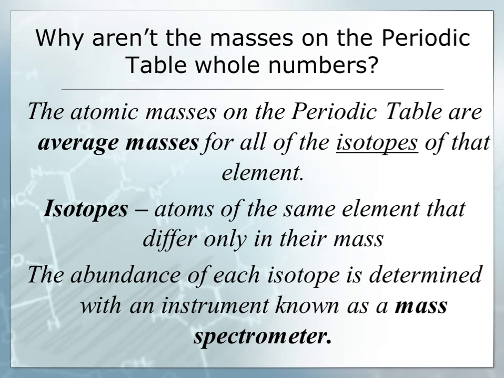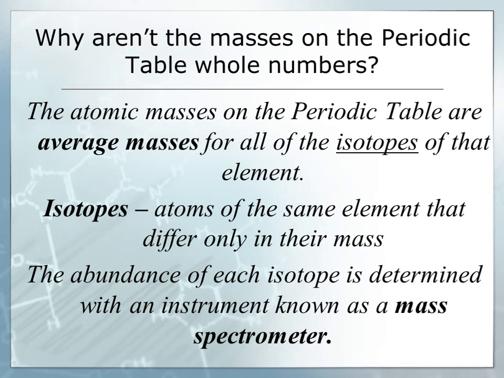How these abundances are measured, how abundant one isotope is versus another, is determined using an instrument known as a mass spectrometer, which takes a sample and ionizes the sample, and the different particles that are produced, based on their mass, pass through a magnetic field. Due to their inertia, their trajectories based on their mass and that magnetic field will change accordingly, and their paths will be different from one another.